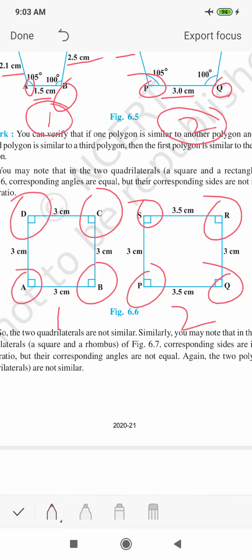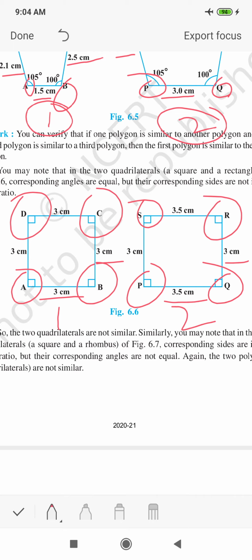See here, AB is equal to 3 centimeters. PQ is equal to 3.5 centimeters. The second one is not a square, it is a rectangle. So this is 3 centimeters, this is 3.5 centimeters. BC is 3 centimeters and QR is 3 centimeters. So if you observe, the ratio of AB upon PQ is 3 upon 3.5, whereas the ratio of BC and QR is 3 upon 3, that is 1 by 1.